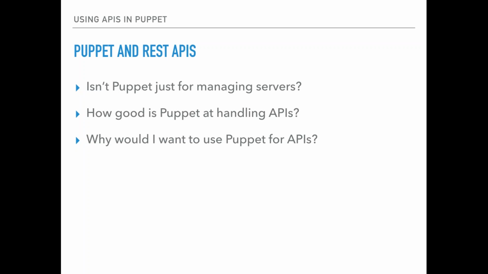So of course, why would I want to use Puppet for APIs? One of the common or obvious use cases that jumps out to me would possibly be as part of provisioning an instance or a virtual machine.